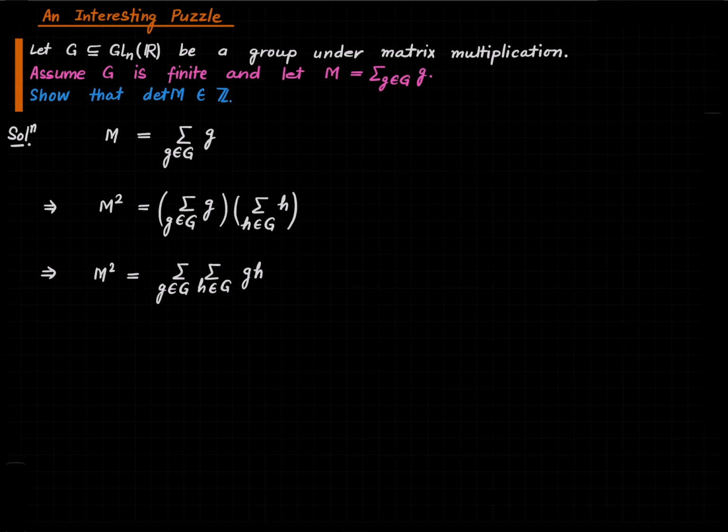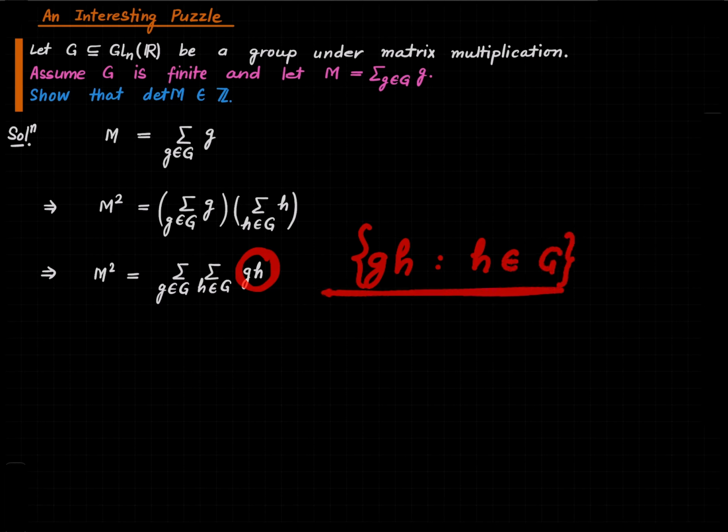But concentrate on this particular sum. What are all these entries? gh with h varying in the group. What are these entries? These are exactly the elements of the group. This set is the same as G.